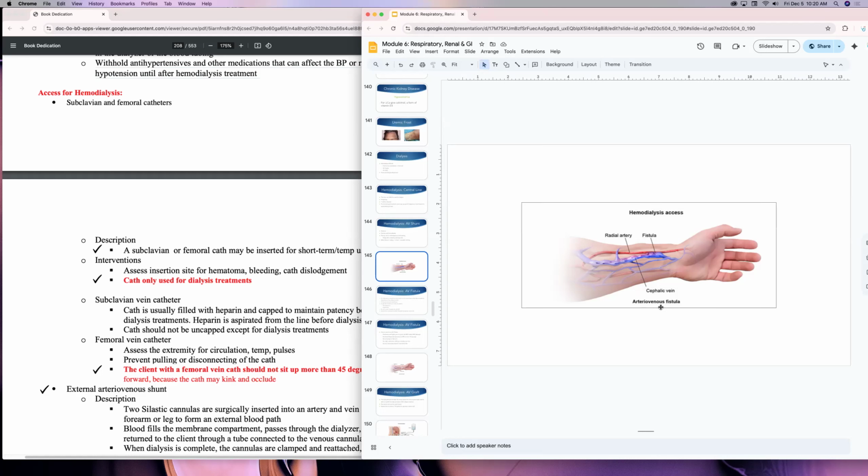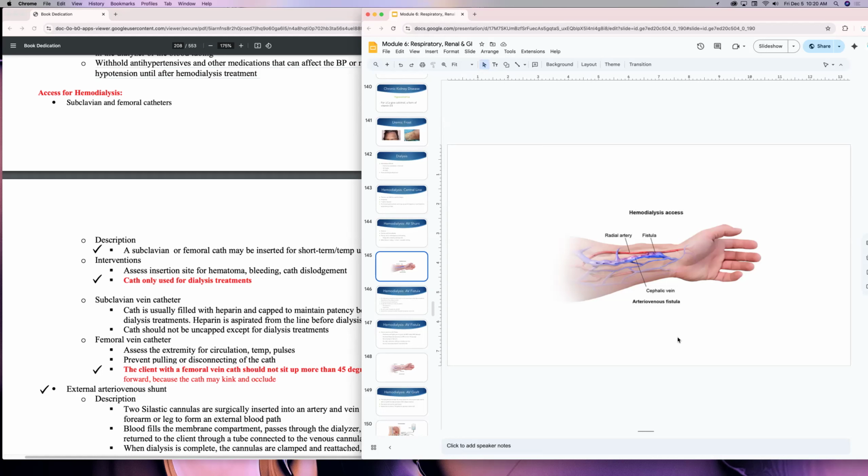So with an arteriovenous fistula, a vascular surgeon surgically connects an artery and a vein and sews them together so that the high pressure of the blood flowing through the artery can make the vein become very large. And that large fistula is what they will put the needle through when they are doing dialysis.